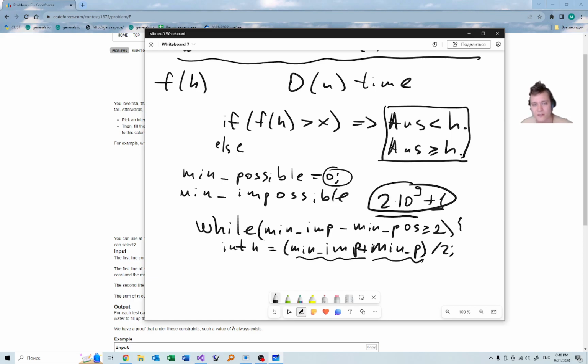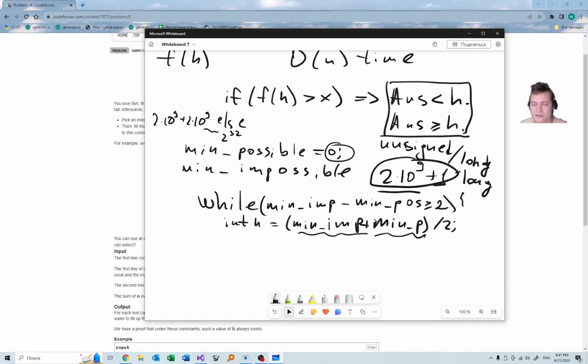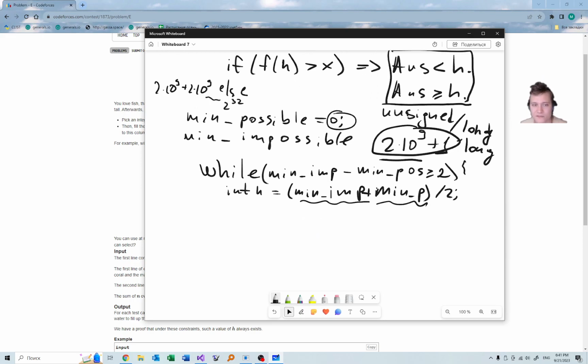This can be up to 4 times 10 to the 9th, which is not in int. You can use unsigned here or long. Because otherwise you will get 2 times 10 to the 9th plus possibly another 2 times 10 to the 9th, which is a bit less than 2 to the power of 32, but still int cannot contain such big numbers.